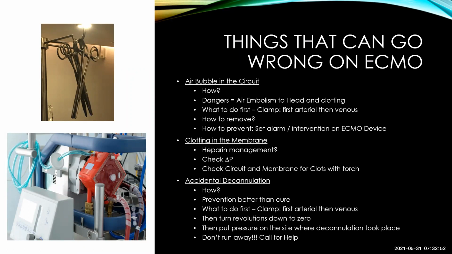So if you're in charge for the day or you're shift leading, keep your eye on the delta P, so that if you see it's creeping up, you can manage it early enough so that you don't have clotting of your membrane. And then if it's definitely clotted, you need to do a circuit change out and plan it well, so you've got another machine to set up another membrane, and so that your team can get together, so the doctor can do the change out in a controlled fashion.